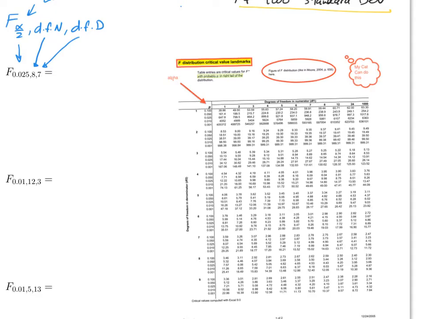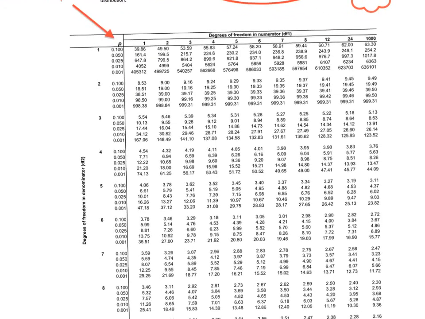The numerator is 8, which will be this. The denominator is 7, which will give you this one. And then you go with the one that has 0.025, which is this. So the value where they intersect is 4.90.